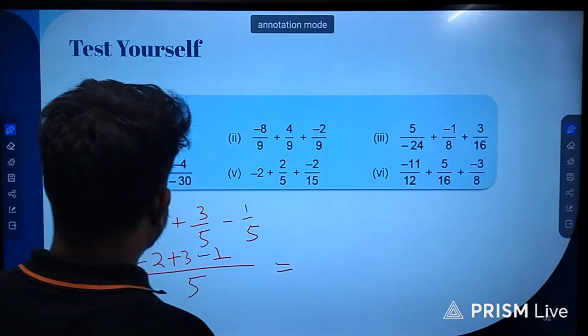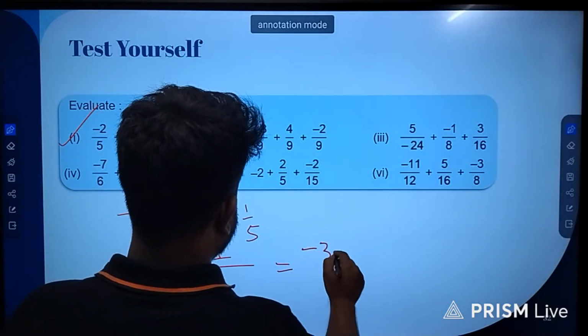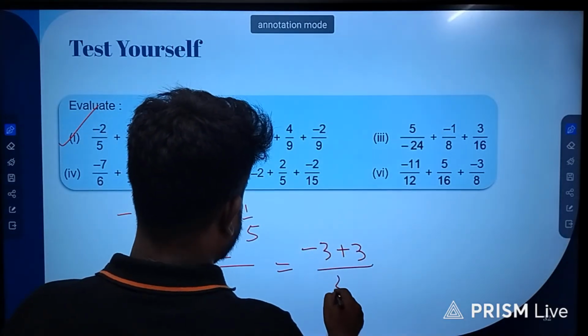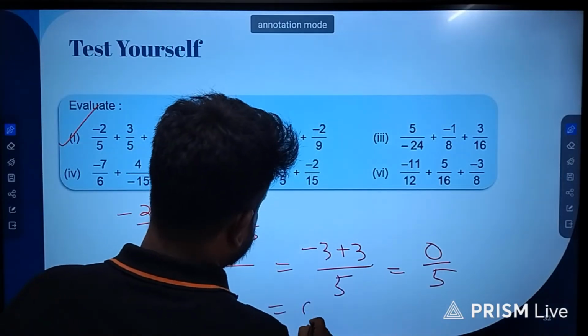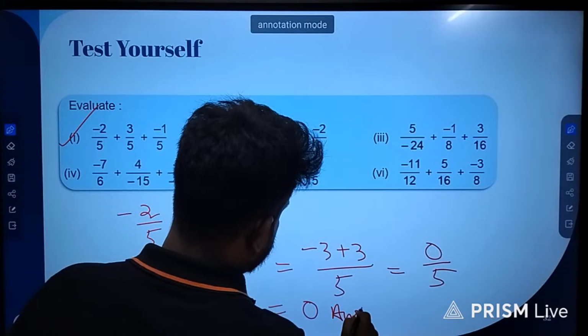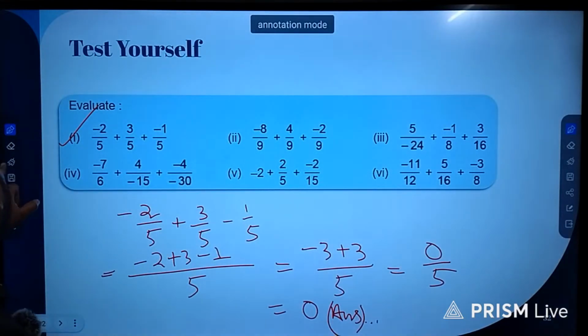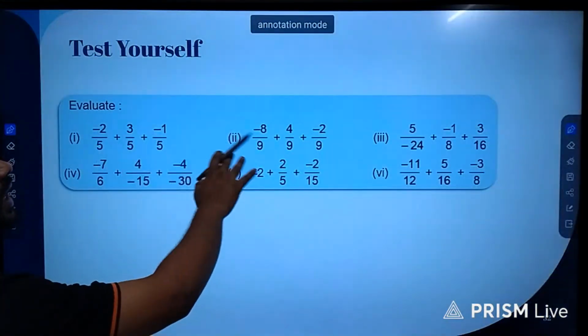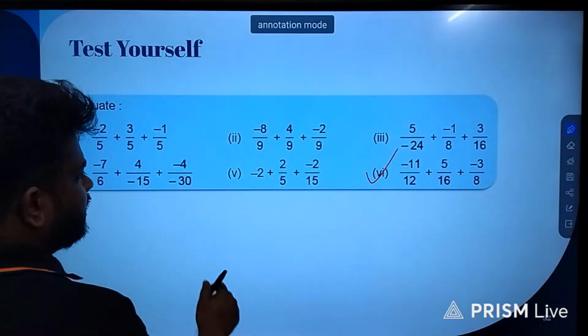So in the upper side it will be minus 3 plus 3 by 5. So it will be 0 by 5, and the answer will be 0 for number 1. Number 2, you guys can try at your home. I will be doing number 6. So the first is okay.